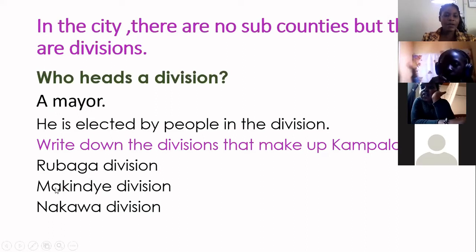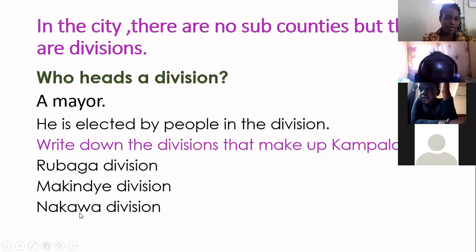Then we also have the second one, Makindye Division. Yes, learners. Then we have Nakawa Division.